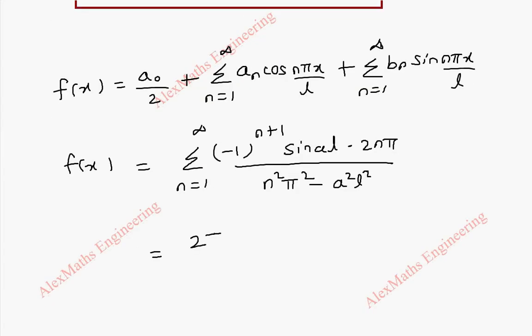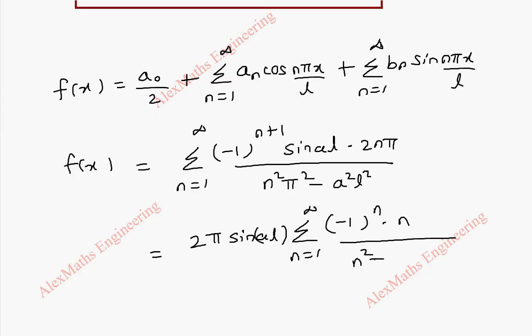Now 2 is constant, pi is constant, and sin al is constant. So all these things are taken out, sin al. Then summation n is equal to 1 to infinity minus 1 whole power n into n by n square pi square minus a square L square.